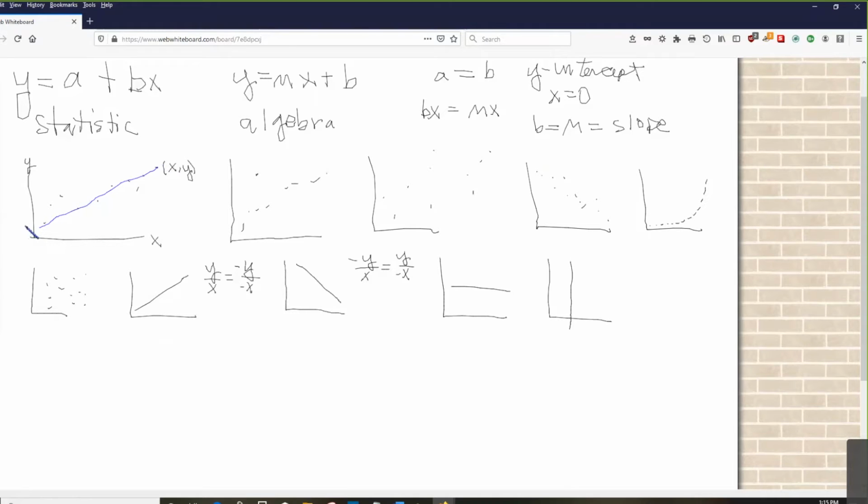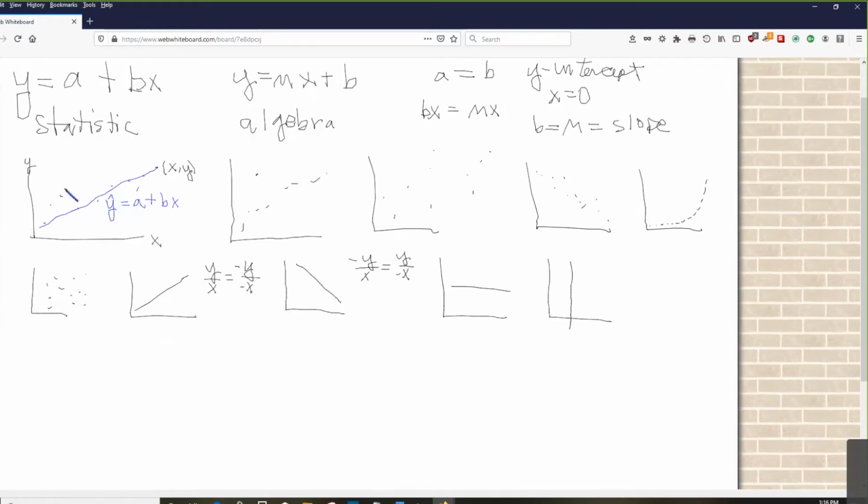The way that we get this, and Khan Academy has a really good video explaining these values. The equation for this line, and we're going to do an example here pretty soon, is going to be y hat, which is an estimated y, equals a plus bx. And we calculate this y hat.